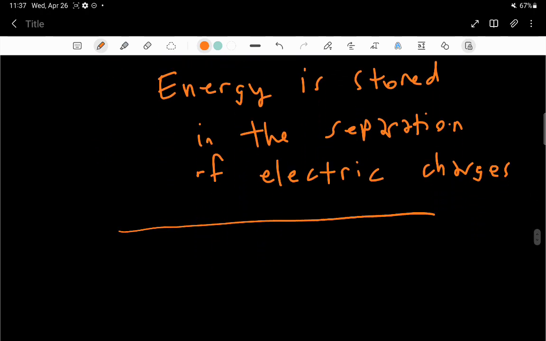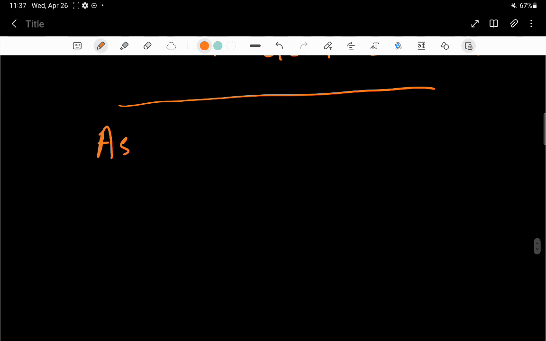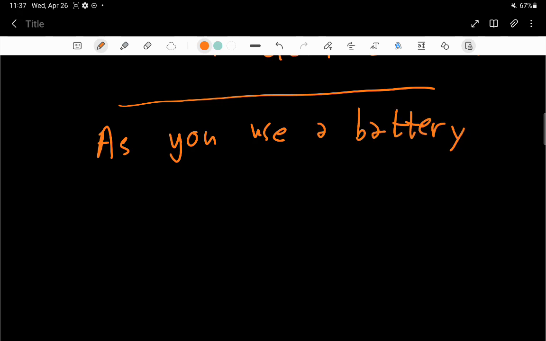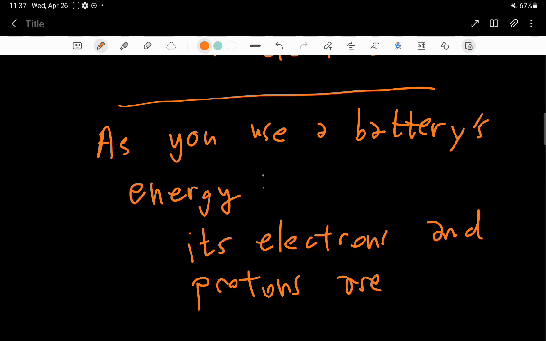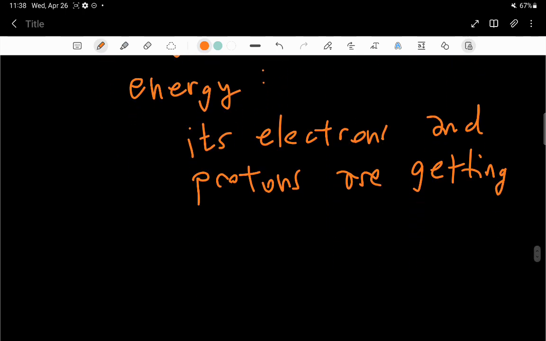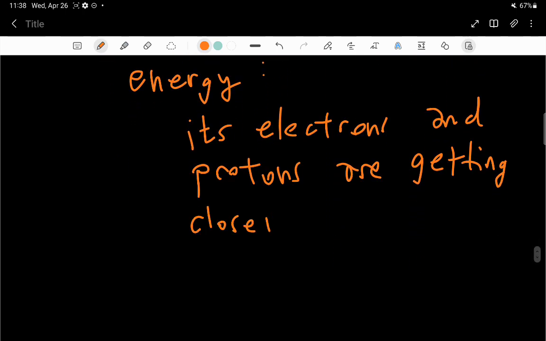So in a sense, as you use a battery's energy, its electrons and protons are essentially getting closer together, right?